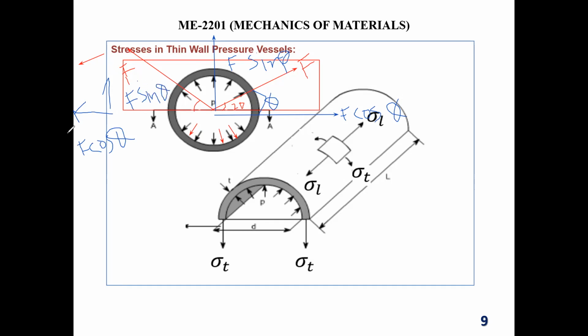Now you see the horizontal components, both are the same but working in opposite directions. What does it mean? They cancel out. So only the radial direction remains. F sin theta is what makes your cylinder burst, because the horizontal component is already canceled out by each other.